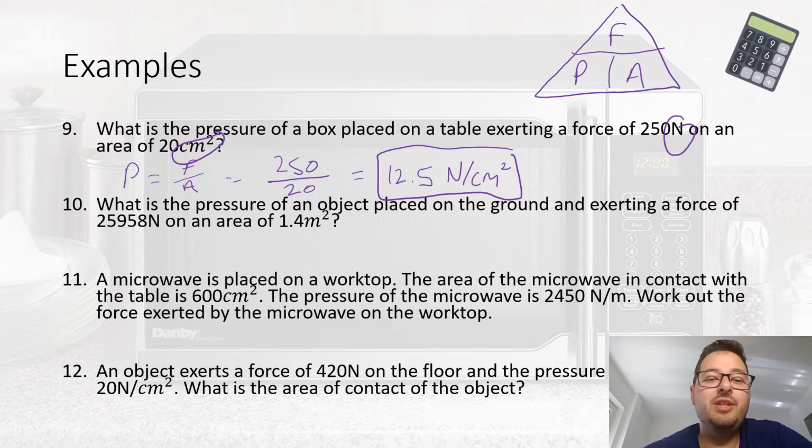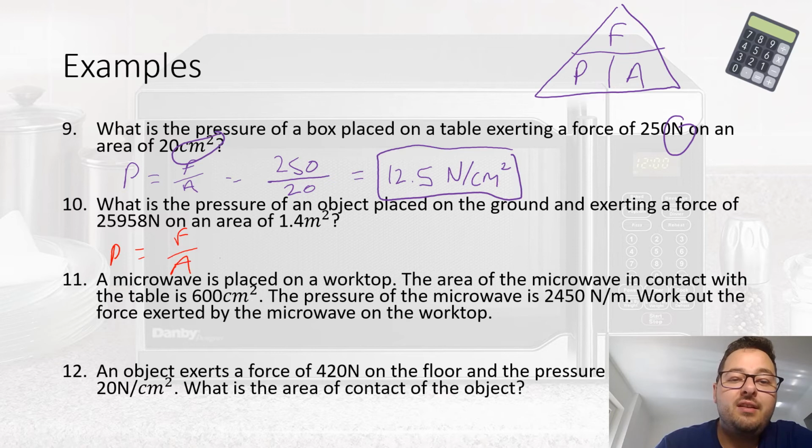Number 10. What is the pressure of an object placed on the ground and exerting a force of 25,958 newtons on an area of 1.4 metres squared? Okay, so we want pressure again, so pressure is force over area. Our force this time is 25958 and the area is 1.4.